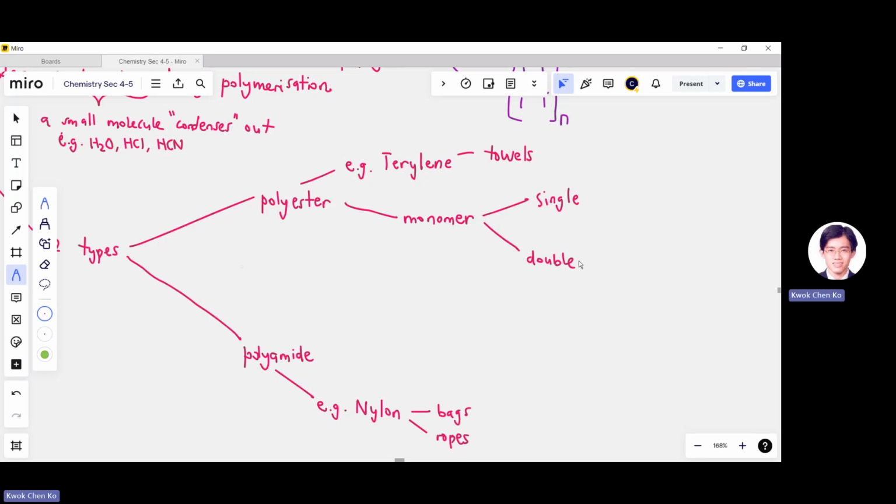They'll give you the polymer and you need to deduce, is it single or double? And if it's double, what are the two different monomers? This one is quite hard. If you're really desperate, then you can skip this part. But it's definitely going to come up.